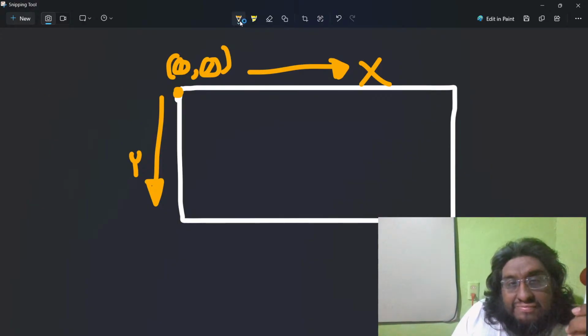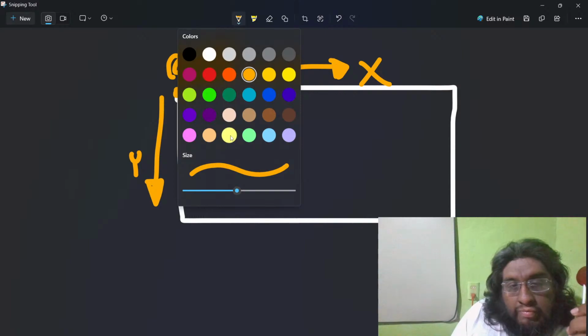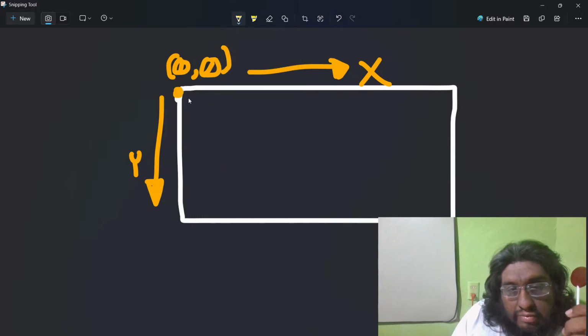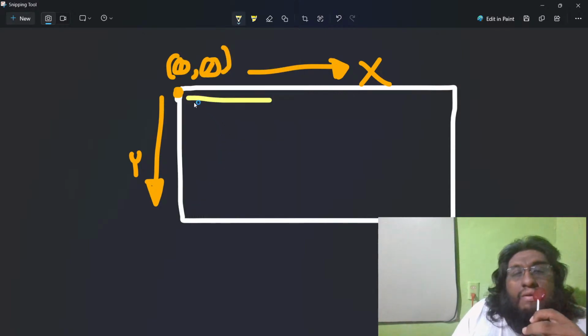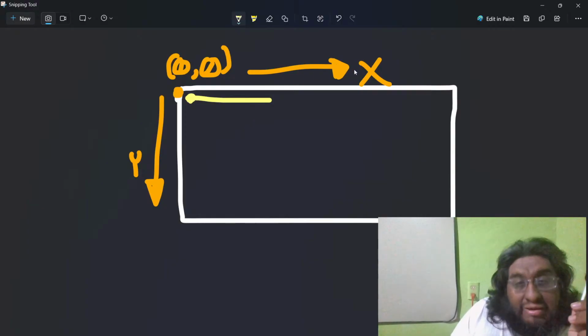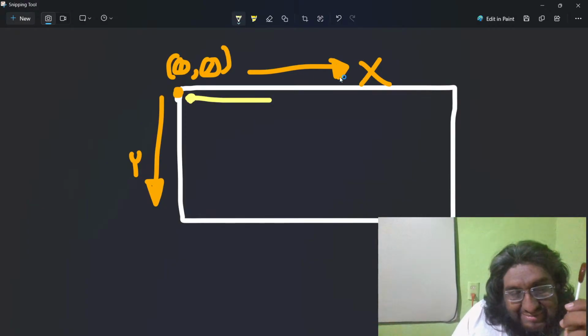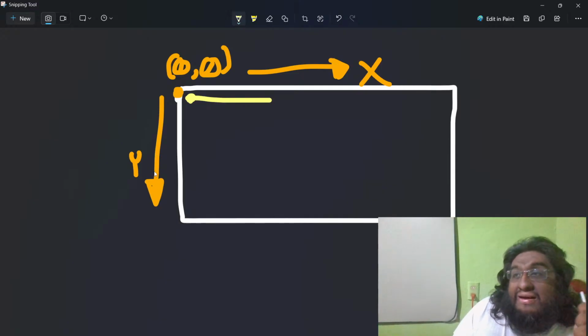If you have a line that starts from here, this line, remember this: this is the positive x, this is the positive y. Now you're going to apply a rotation of 90 degrees.